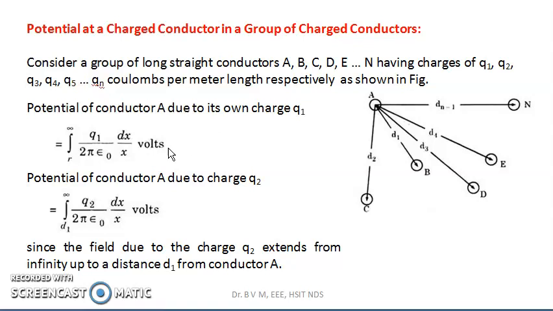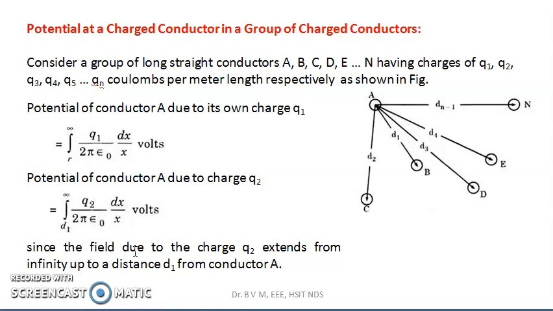Now let us calculate the potential on conductor A due to charge Q2, which belongs to conductor B. The distance between A and B is D1. So the integration from D1 to infinity of Q2 by 2 pi epsilon naught dx by x volts.